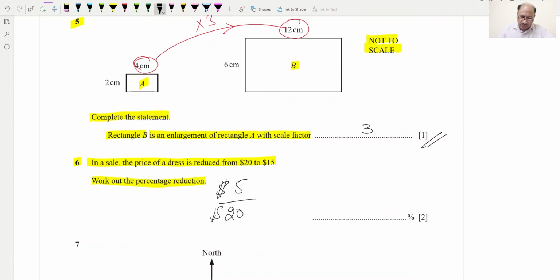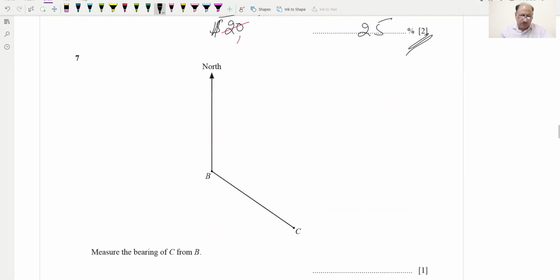So $5 divided by $20 and multiplied by 100 for percentage. If we cancel, 2 ones are 100 and 2 ones are 20, and 2 fives are 100. So this results in 5 fives are 25. So our answer will be 25%, and this is 2 more questions.